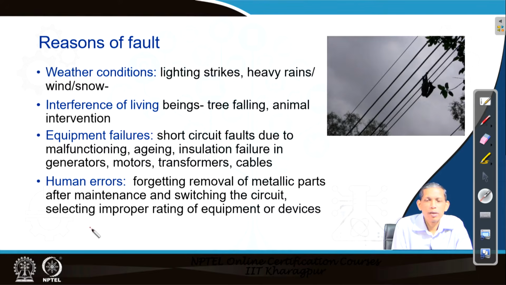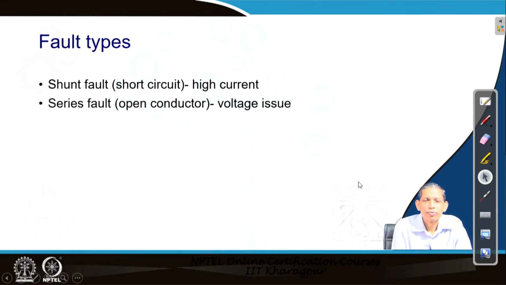Further, you can have an improper rating of any equipment or device, and that may result in a fault or short circuit in a system. During such situations, the current may be pretty high, resulting in a detrimental situation.